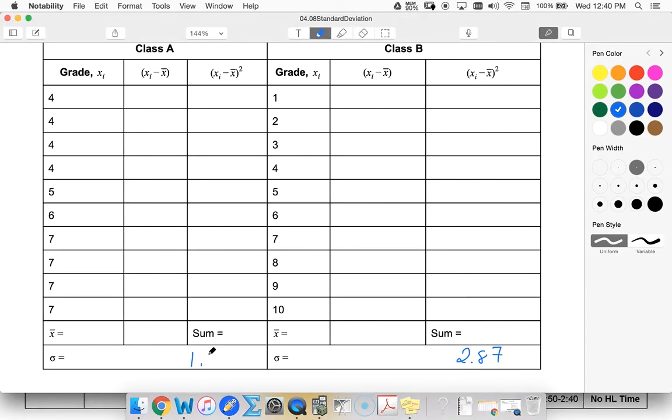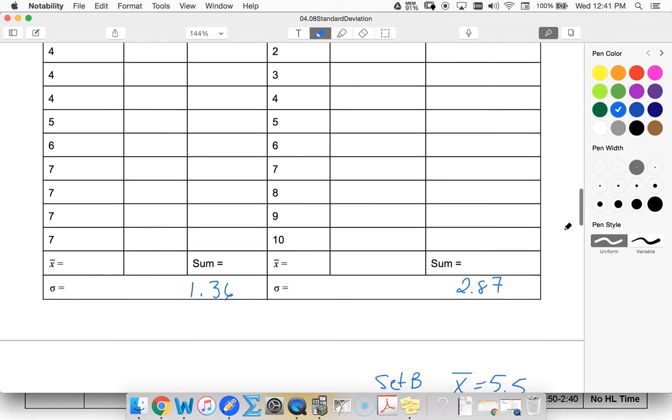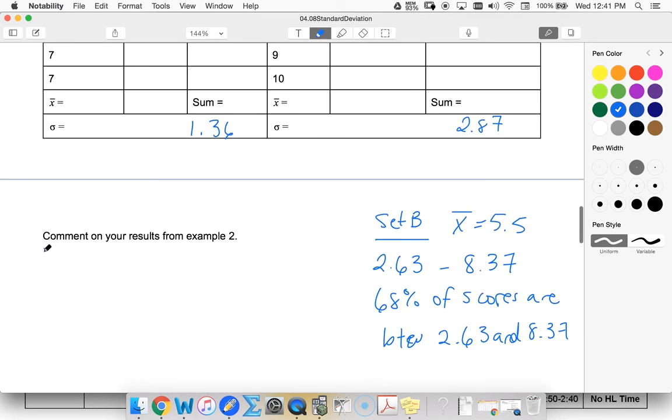So what we're saying here is this set of data points are closer to the mean. So my mean was 5.5. So class A also had a mean of 5.5. So 68% of its scores are between.